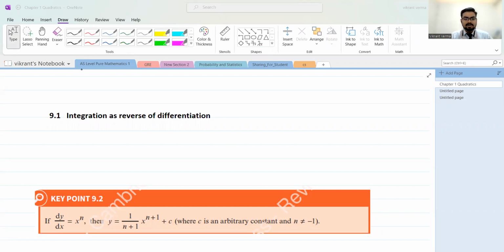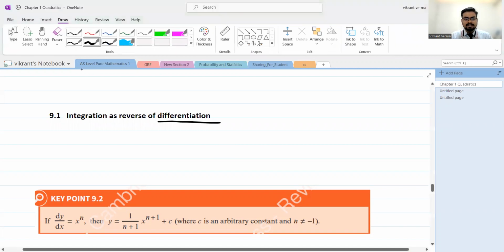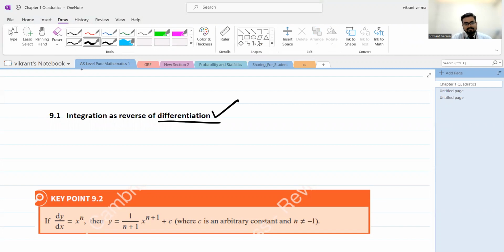Okay, so earlier you have studied this topic, that is earlier you have already studied differentiation. Now we will see that there is one more mathematical machinery that is just reverse of differentiation. Okay, it is reverse or opposite of this topic, that is differentiation, and it is known as integration.